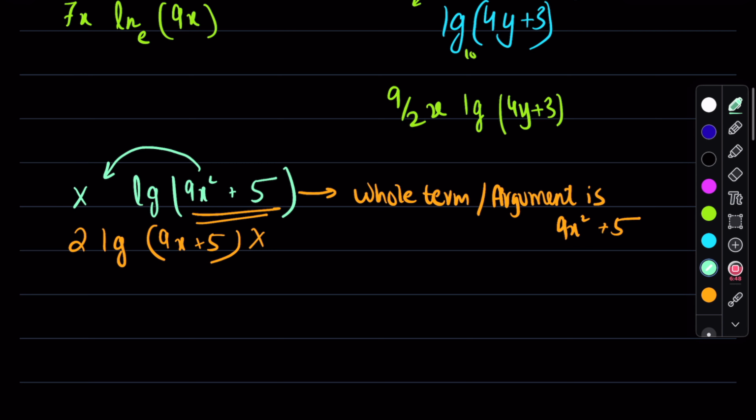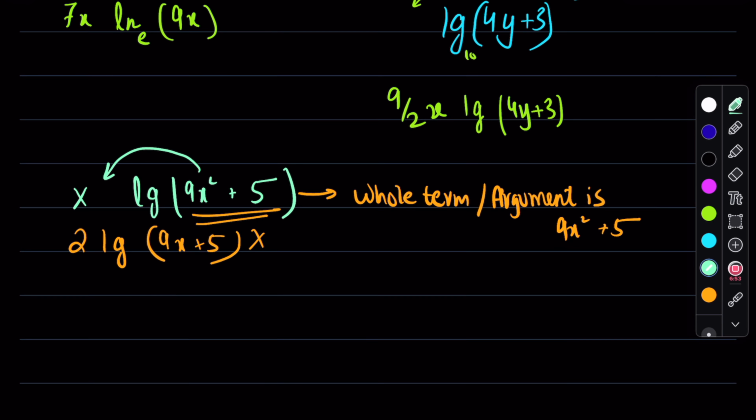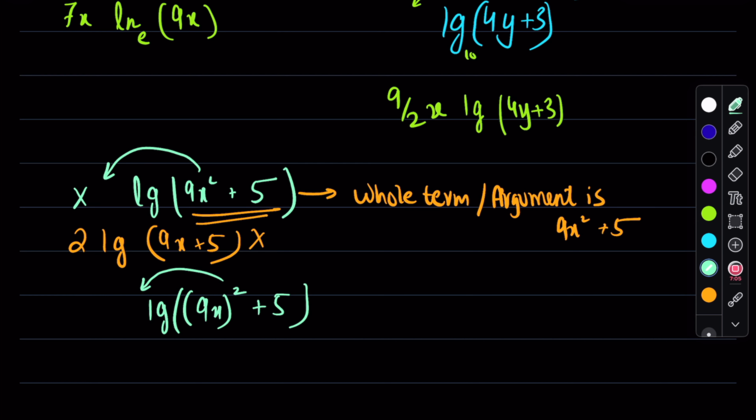Let's take another look, right? If it was, instead of lg 9x squared plus 5, lg (9x) whole squared plus 5. Now, what will be the case? Can we say the 2 can be shifted backwards and become the coefficient of the entire function? No. Again, no. Because the power should be on the whole term.